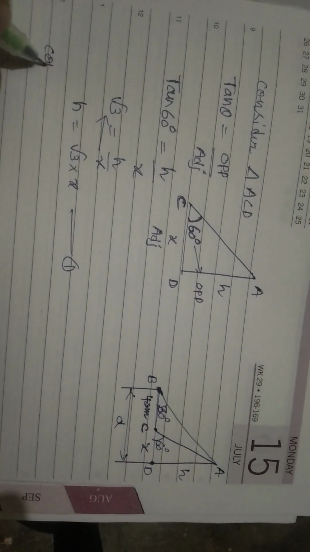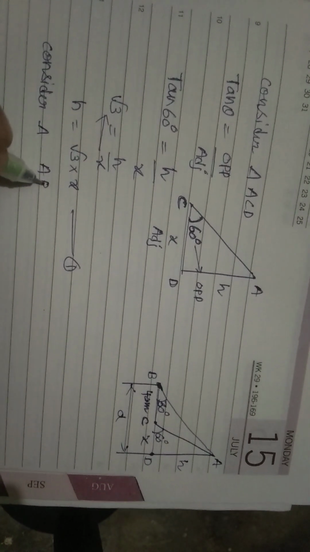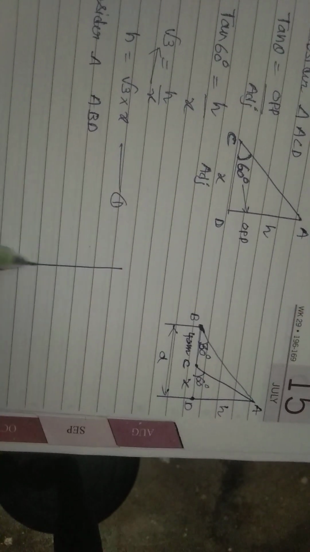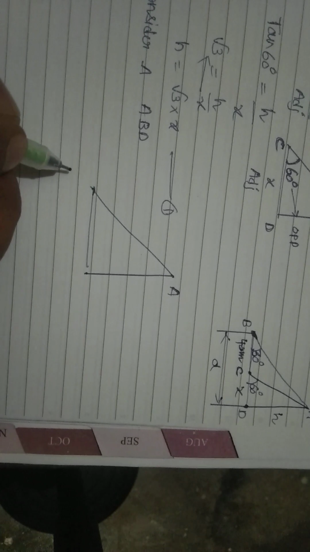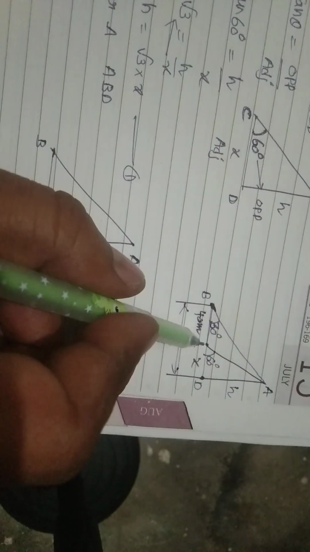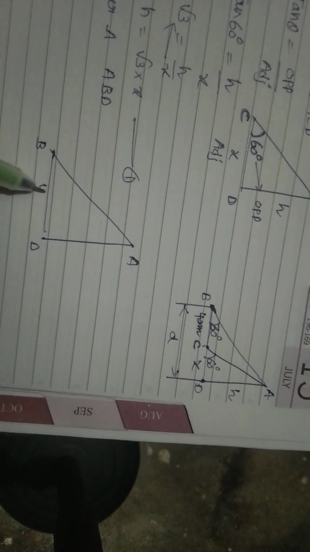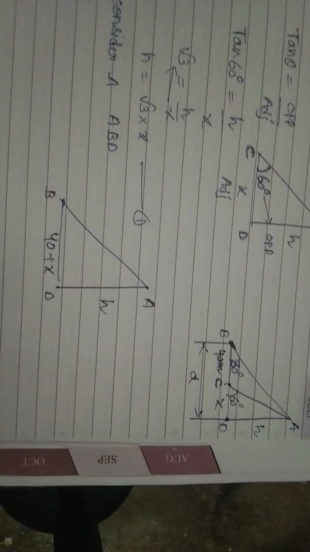Children, clear? Now let us consider the whole triangle ABD. What is BD, children? BD is nothing but BC plus CD, I mean 40 plus x. This is 40 plus x, and this is the height of the tower h.